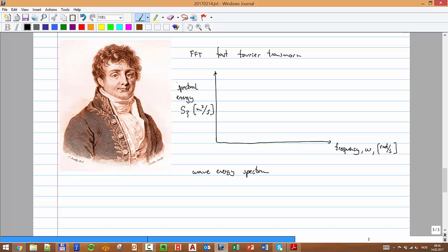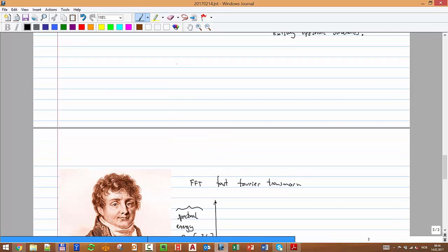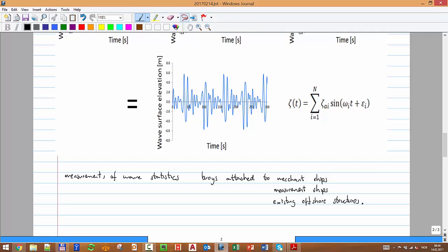From the calculation it appears that spectral energy, but you can convert later on from spectral energy to elevation. I will give you the formula. It is basically an indicator of that particular coefficient that goes in front of the sine or the cosine.